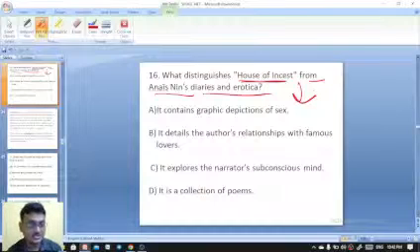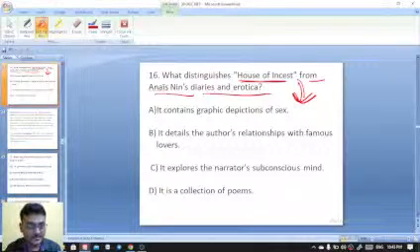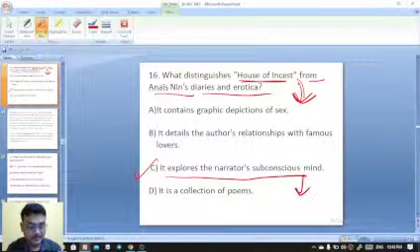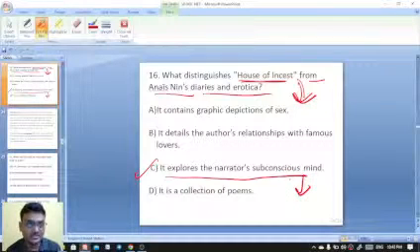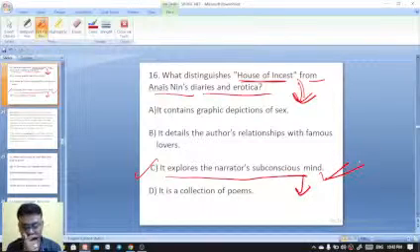So this is about the House of Incest here. But this work is exploring the narrator's subconscious mind. It does not contain graphic depiction of sex, nor detail her famous lovers.